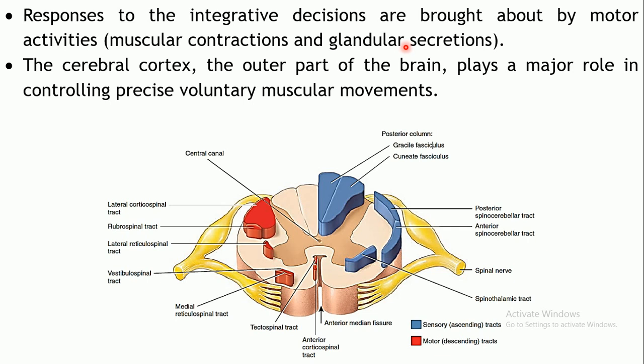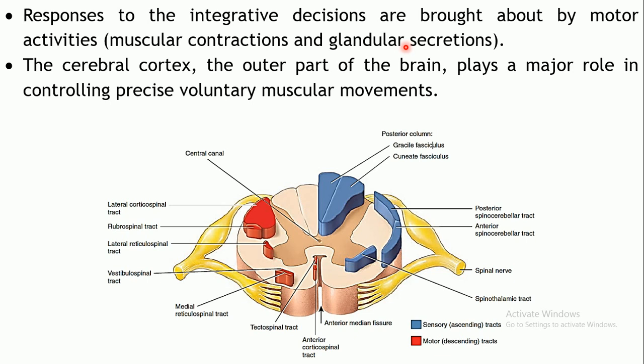Say for example, you are moving out of the house and suddenly it starts raining. What happens? You sense that raindrops are falling on your skin, so you come to know that it is raining. You see the rain, that is also an input. Your brain processes it: now it's raining, what should I do?